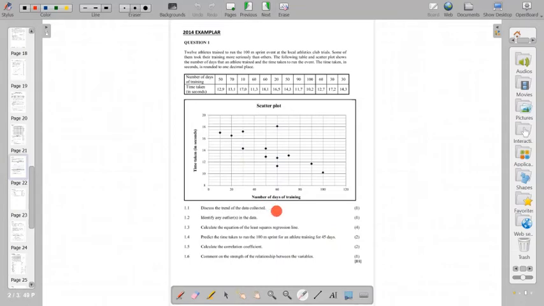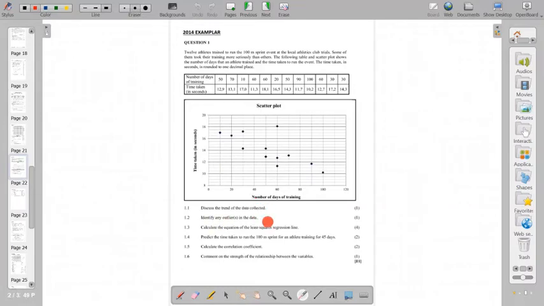Don't say just negative gradient or negative trend. Try to describe, try to write, so that it shows you understood what the question is telling about. For example, you can say, as the number of days training increases, the time taken in seconds will decrease. That will be much more understandable as a description of the trend.